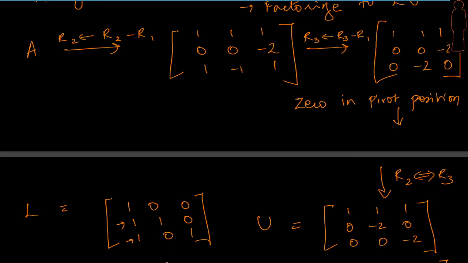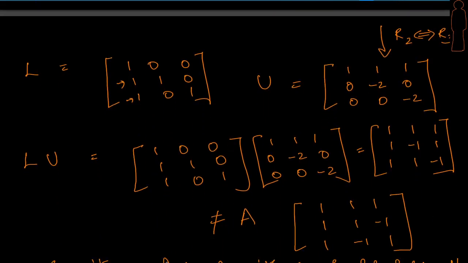Now what we'll do is we'll multiply L and U and see what happens, right? You see this, when we multiply L and U, we get this coefficient matrix which is not equal to A, right? Which means that LU factorization has failed us here, right? But there is a beautiful observation.